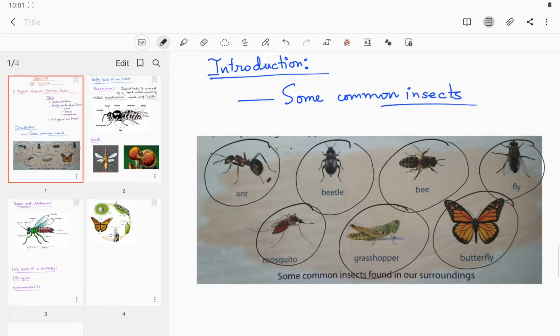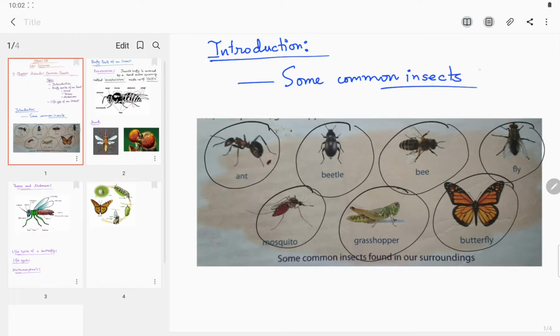And there are several kinds of insects present on the earth. Mainly they are found almost everywhere, in air, on land, in water, even beneath the soil, and on plants and animals, right?